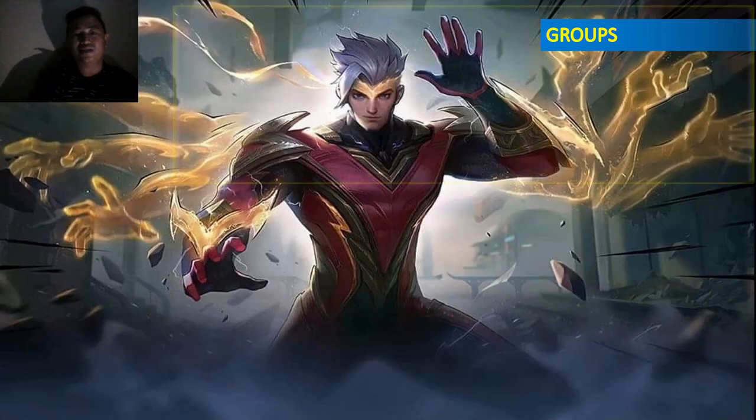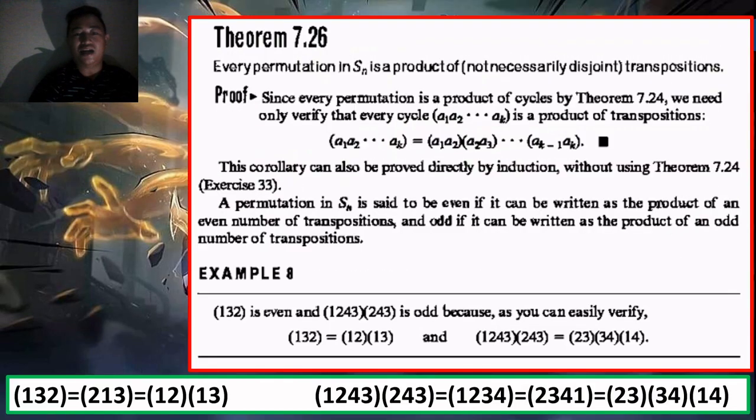Here, for transpositions, they are not necessarily disjoint. Actually, they are not disjoint. Proof: a1, a2 to ak is equal to the product of a1, a2, a2, a3, pairs, then a3, a4, up to a(k-1), ak.